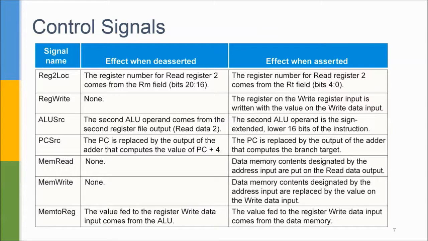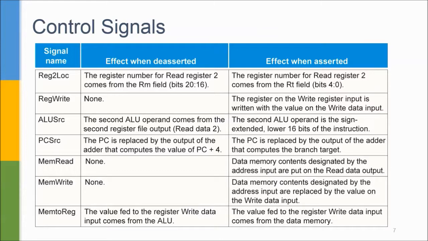The PC SRC control line is the exception. That control line should be asserted if the instruction is a compare and branch on 0, and the 0 output of the ALU, which is used for the 0 test, is asserted.